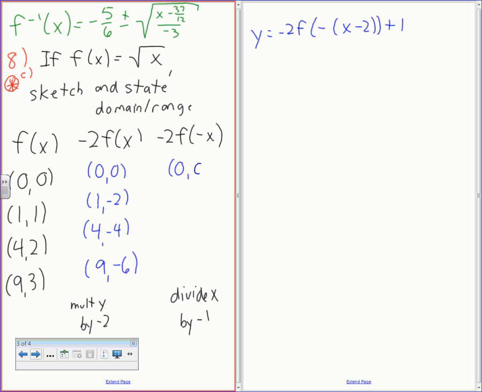Actually, maybe just one other thing I should mention. I sort of skimmed over this. I'm sorry about that one. Why did I start at 0 for this equation? Can anyone tell me why I started at 0? Luke, why did I start at 0?